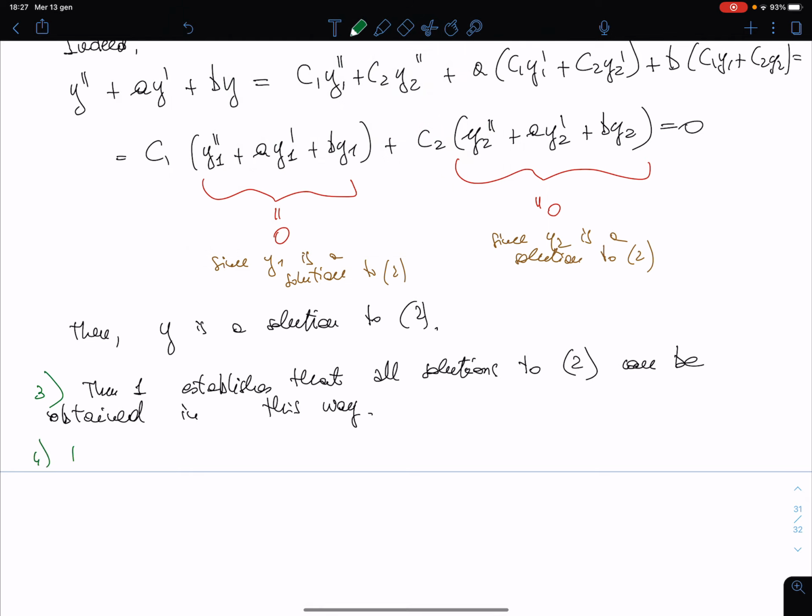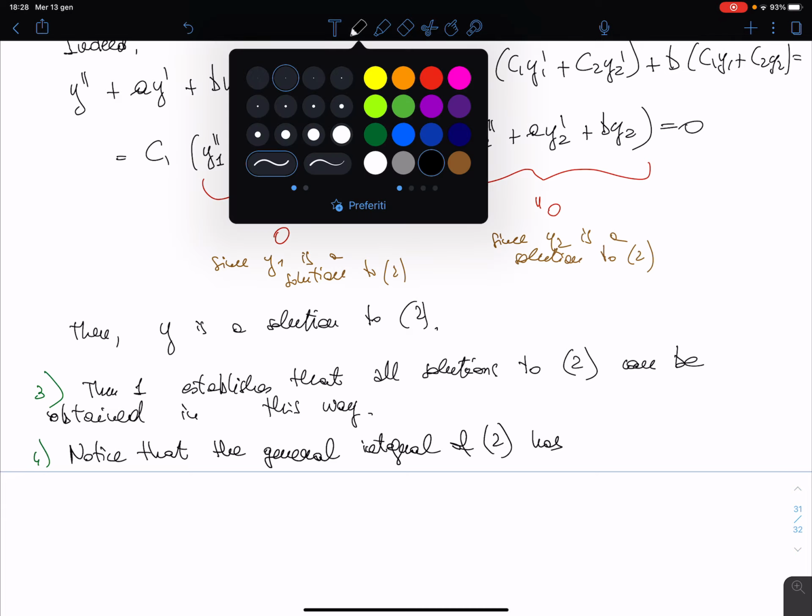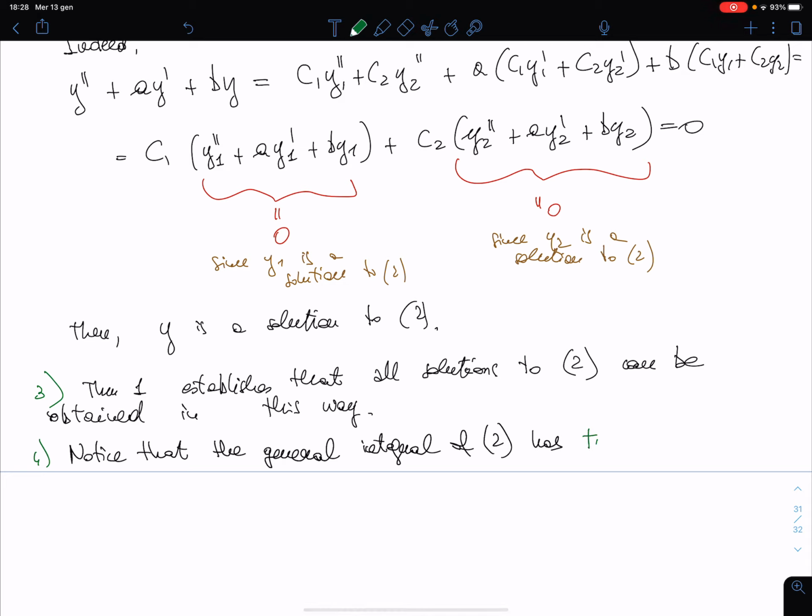Notice that the general integral of 2 has 2 arbitrary constants.